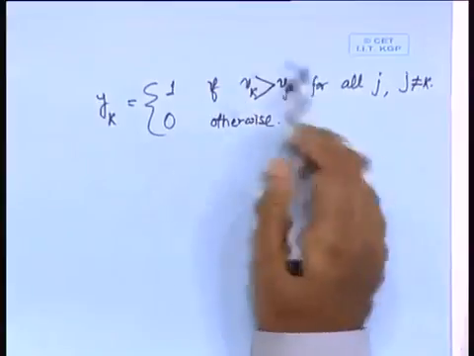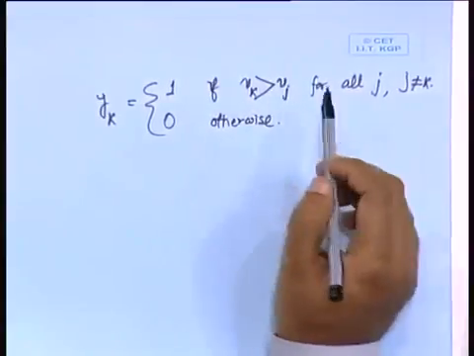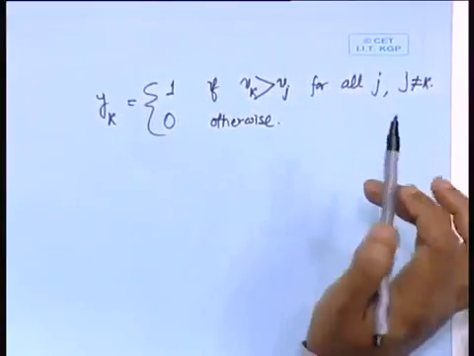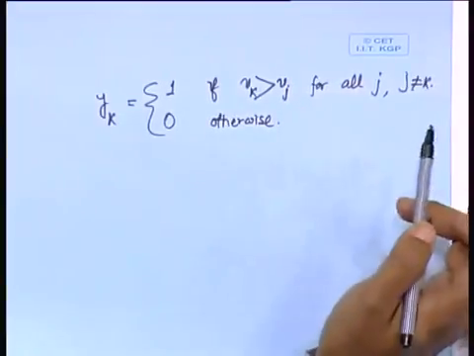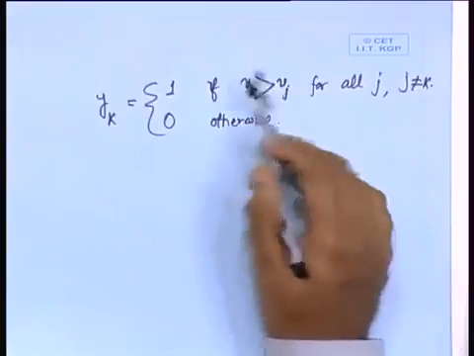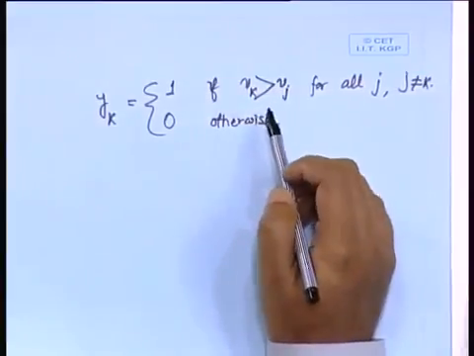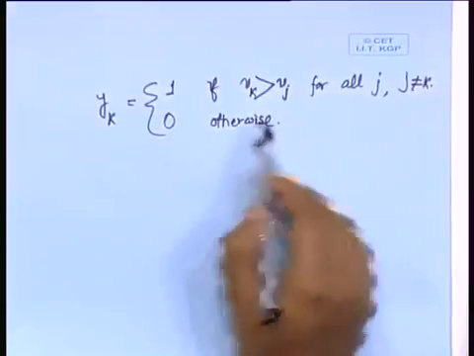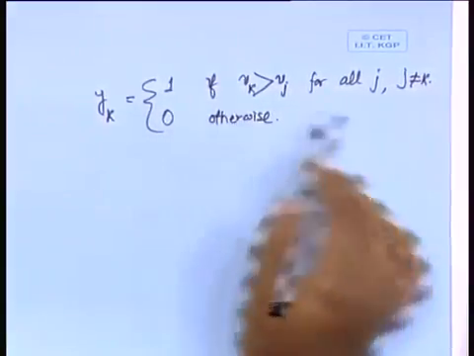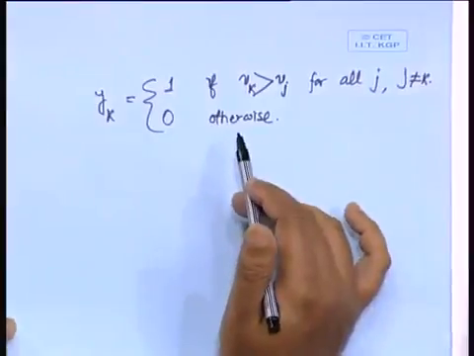Otherwise, if Vk is not greater than Vj for at least some j, then it is surely a loser. Some other neuron has more output strength and is going to be the winner, but certainly not this one. So, this is the very basic definition.